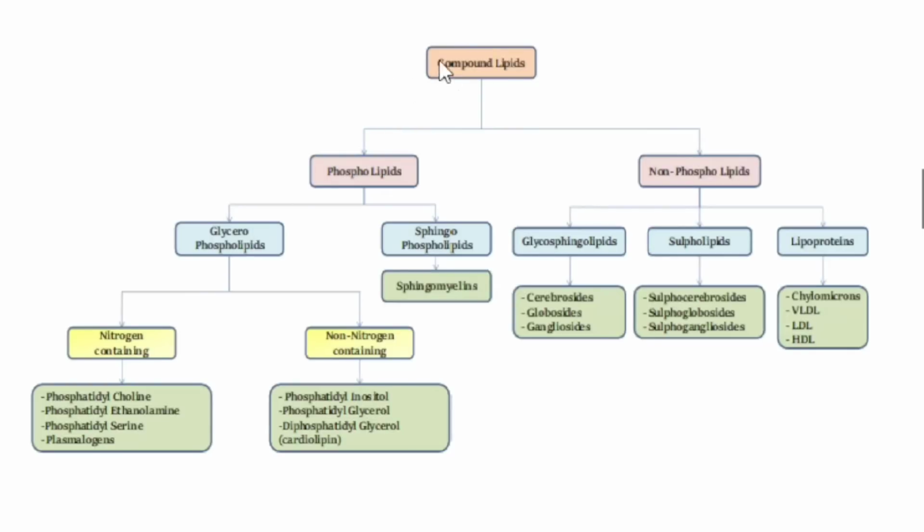Next is compound lipids. Don't be scared of this large image. Just clear your fundamentals. Compound lipids are fatty acid plus alcohol plus additional group. Now if the additional group is phosphate, it's called phospholipids. And if phosphate is not there, it is called non-phospholipids.